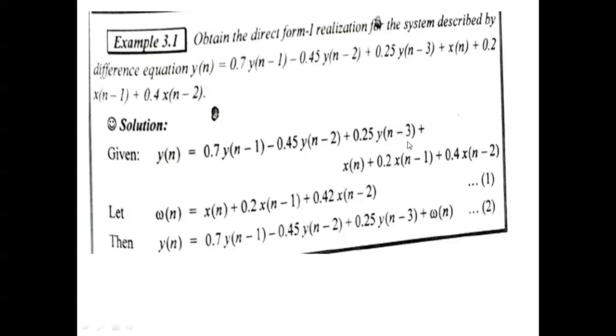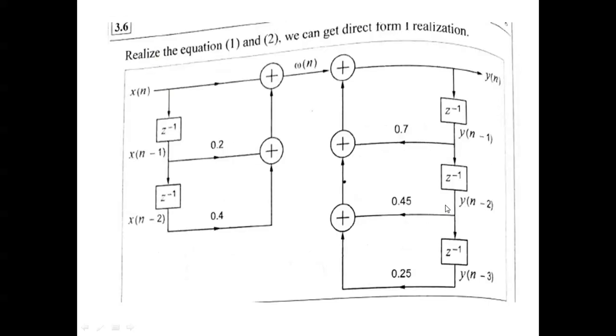They give the values, and we define omega n. After this equation is omega n, the other is the y of n value. So there are two equations, and this whole equation is considered as y of n.